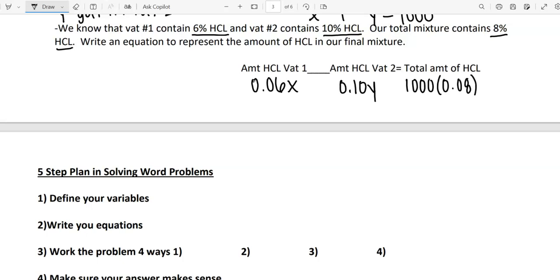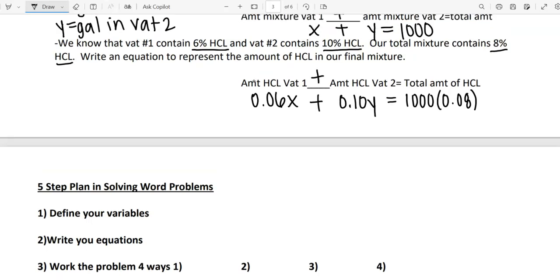What am I going to do with 0.06x and 0.1y to get 1,000 times 8%? Add them. So you have one equation, x plus y equals 1,000, to represent the amount in each vat and the total amount. And then you have a separate equation for the concentration in each vat and the concentration overall. Make sense? Flip it when you're ready.